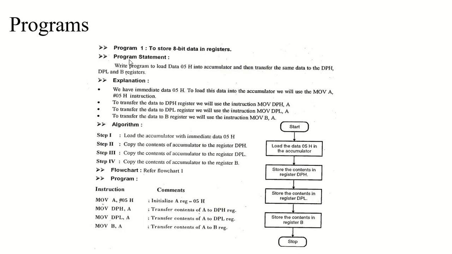In the third step, I will copy the content of the accumulator to the register DPL. And in the fourth and final step, I will copy the content of the accumulator to register B. And then it would be all done.